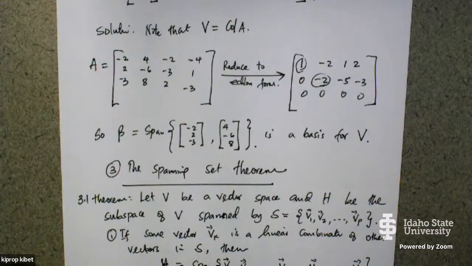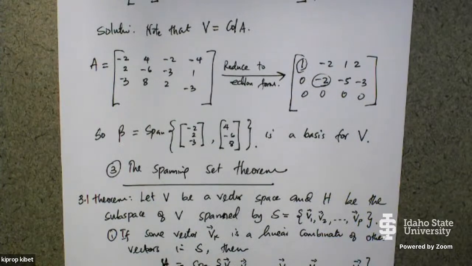Number two, the set S contains a basis of H. The set S contains a basis of H. Okay, so this is the spanning set theorem. If some vector is a linear combination of the other vectors, then H will be this.